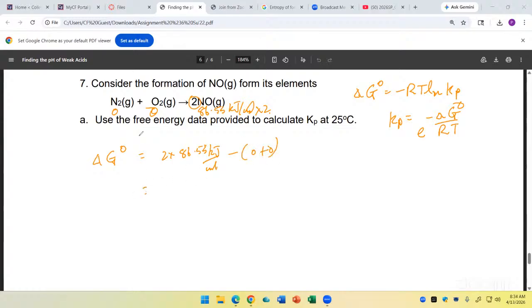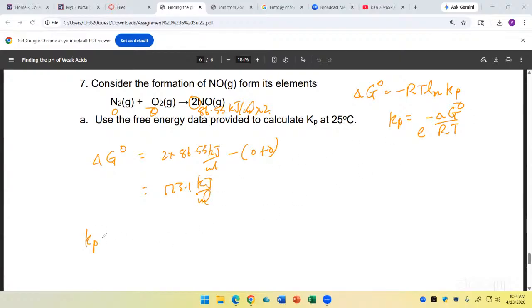And according to my calculations, 86.55 times 2 is 173.1, so 173.1 kilojoules per mole.